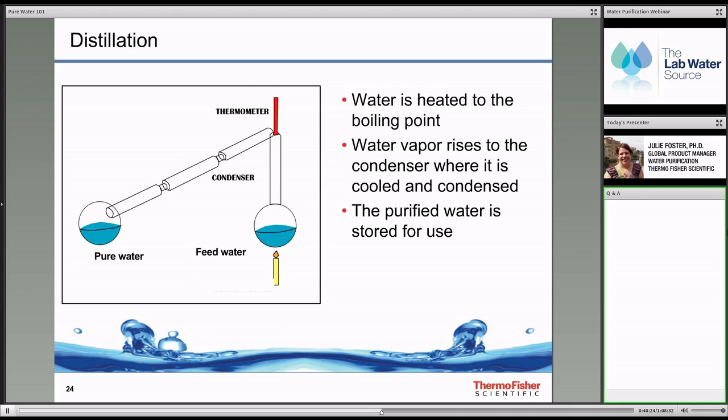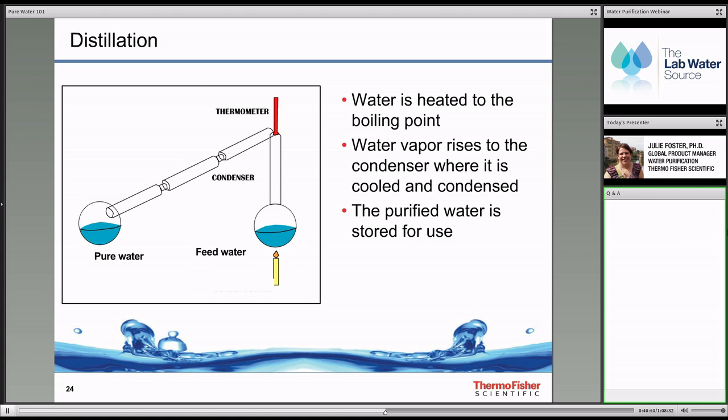We also find them a lot in emerging markets and areas where they may not have the budget to continue to change filters like they might want to. There's also very high capacity. Stills can produce a lot of water. So if you need a lot of type 2 water, then a still is a good option.